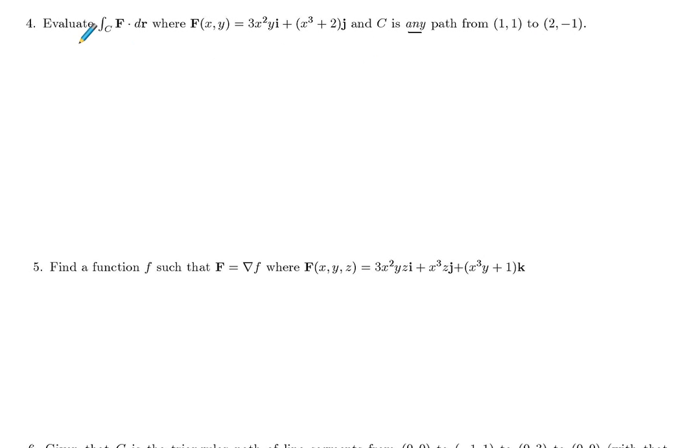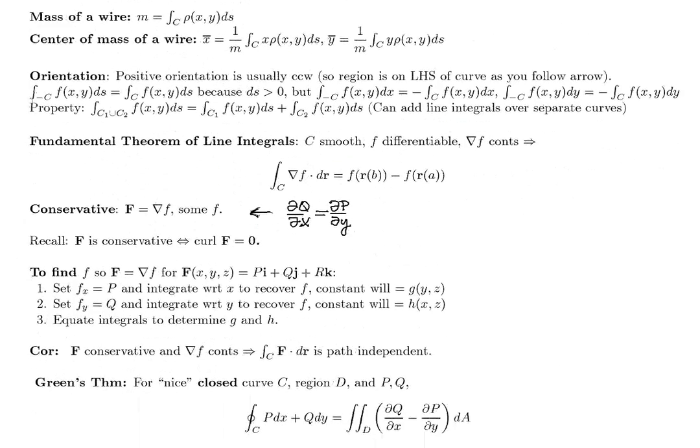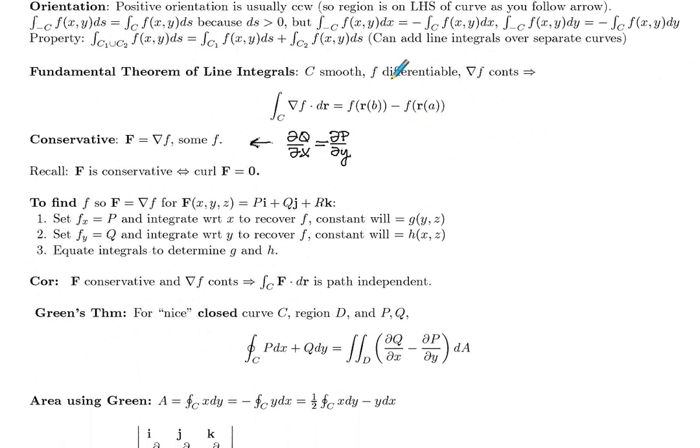So what we need to do is check that our function has continuous first partials here, because remember, with the fundamental theorem of line integrals, we want to actually show that our function's conservative, and then we want to rewrite our F as the gradient of some little f, and then we'll use the fundamental theorem of line integrals.